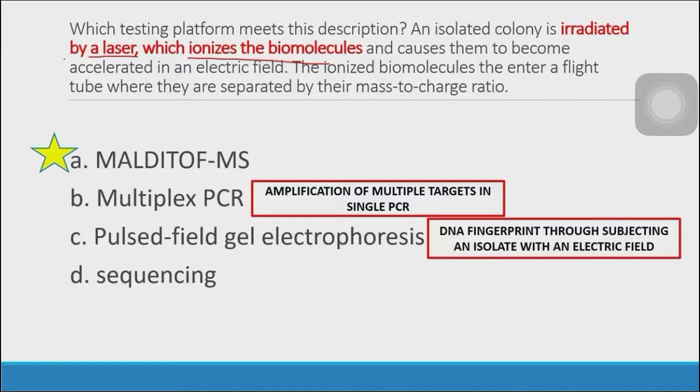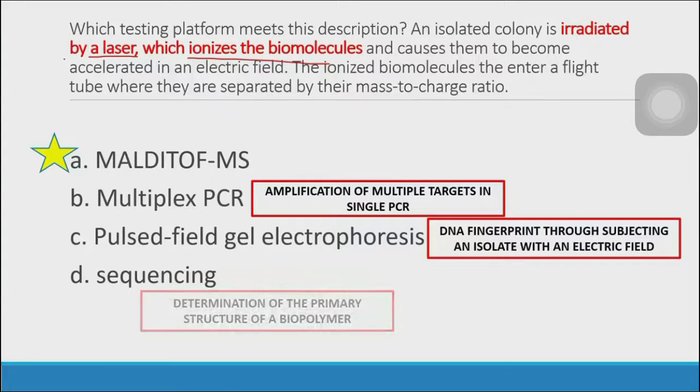So isa-separate mo muna yung bacterial isolate and then you try to mix the bacterial isolate with an agarose gel and then isasubject mo with an electrical field. So after mo ma-separate, and then i-sustain yun, makukuha mo yung DNA fingerprint.